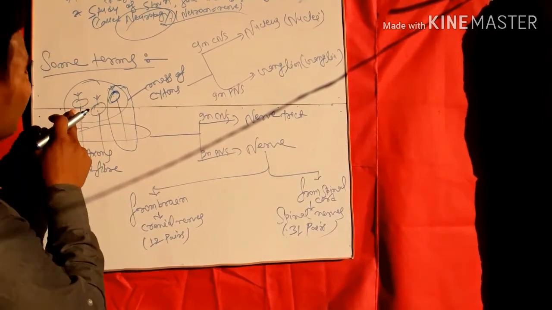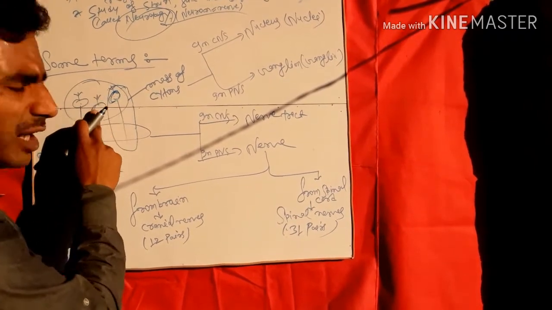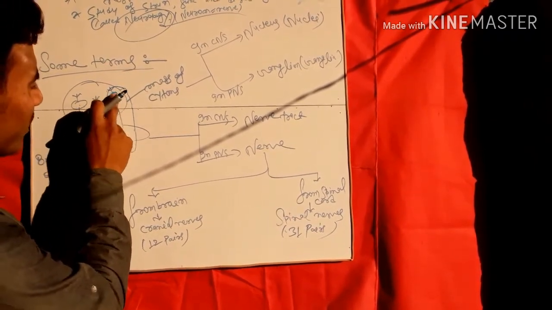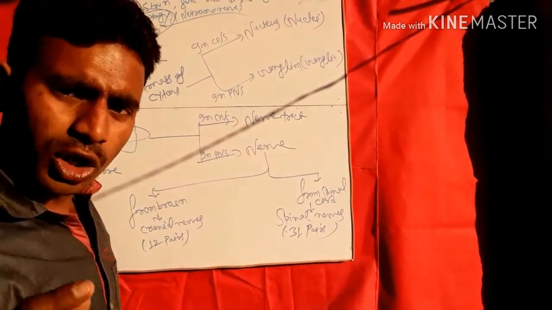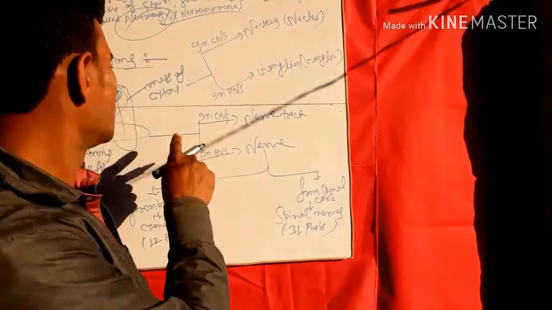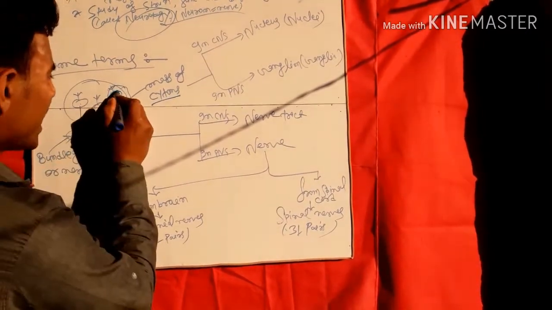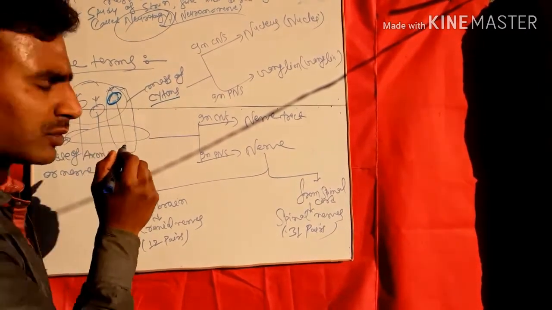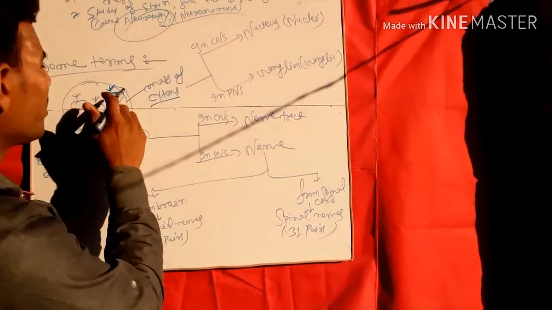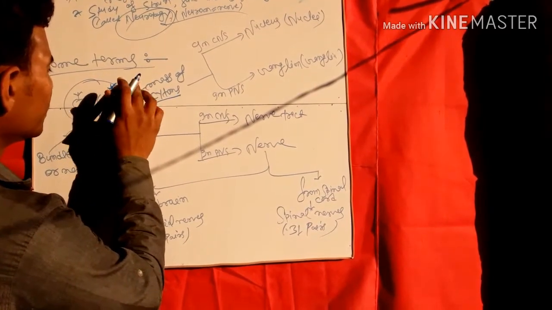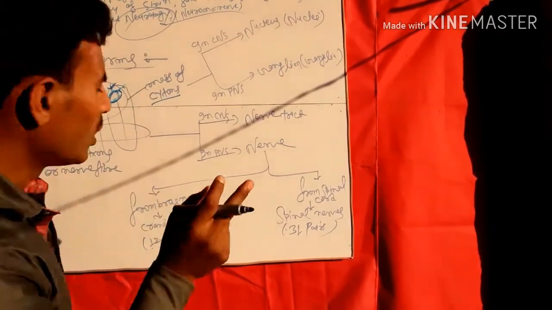On the cyton, dendrites are present, on the cell body of the cyton.